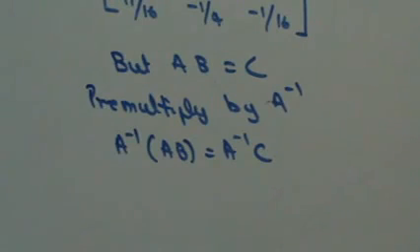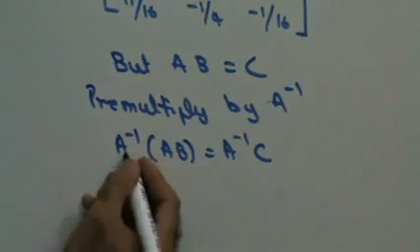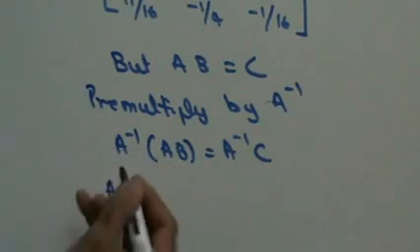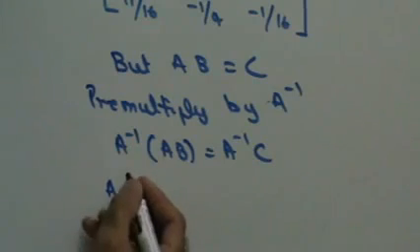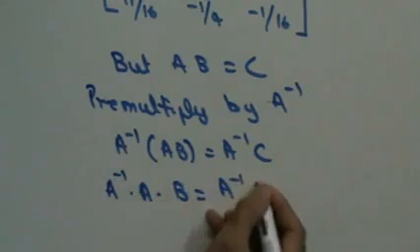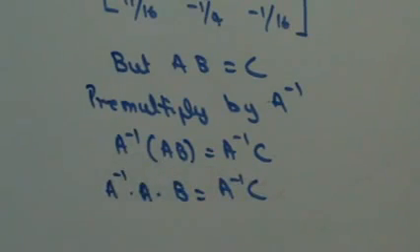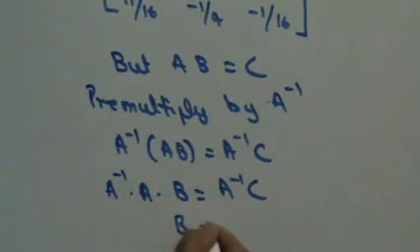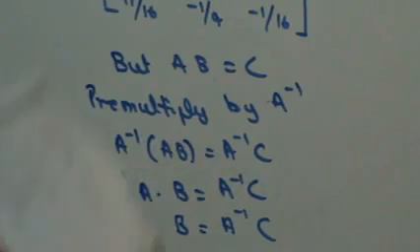Now, in that case, A into A inverse is going to give me I, because minus 1 plus 1, that will give me A raised to 0. Anything raised to 0 is 1. 1 is written as I. Right? So I'll get therefore B is A inverse into C.